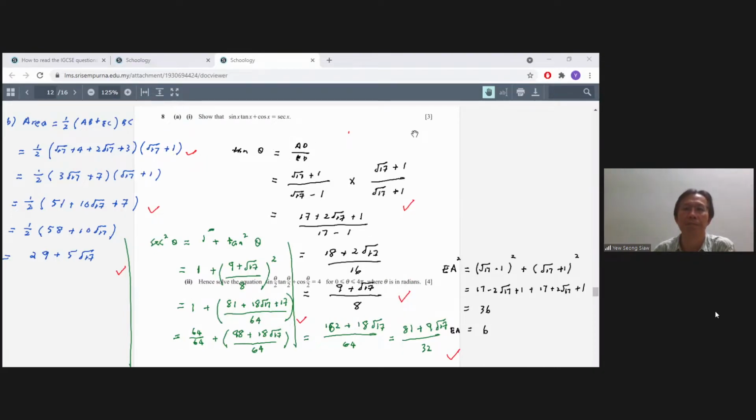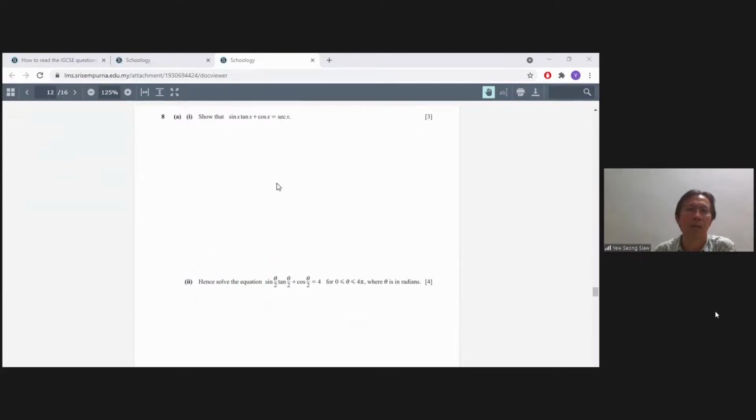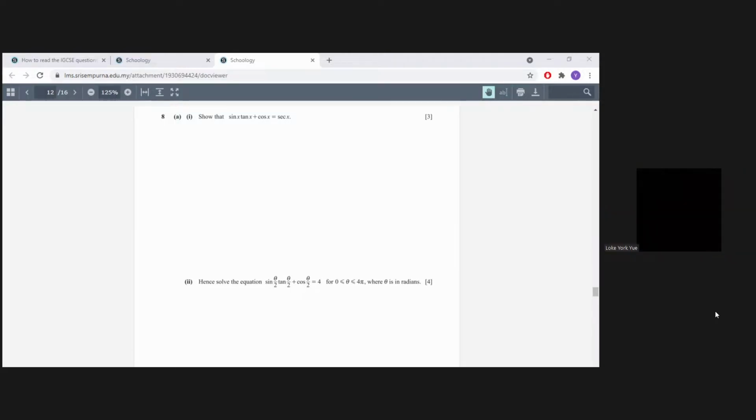Number 8 is trigonometry. Show that this one equals to this.